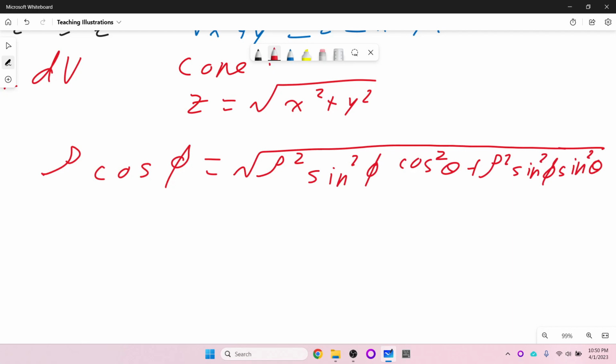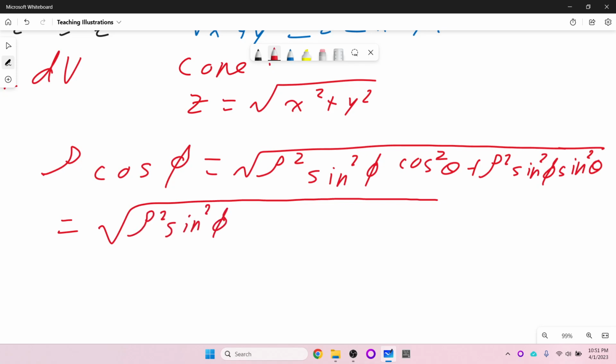All right, so we want to simplify where we can. This right-hand side, well, we will factor out everything that can be factored. They both have a rho squared and a sine squared phi. So let's write it as rho squared sine squared phi with cosine squared theta plus sine squared theta. Well, that's 1. So that part's gone.